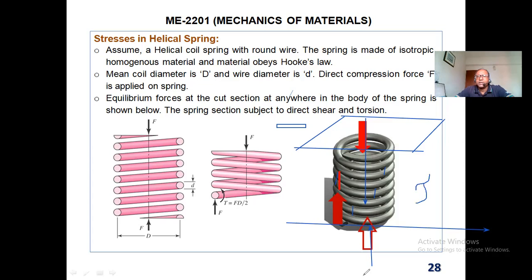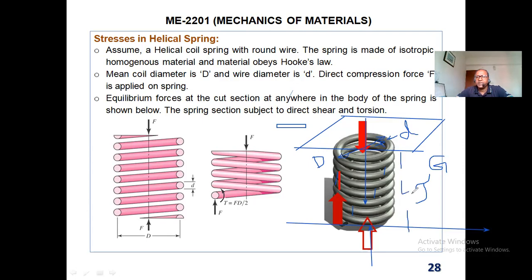And a helical spring has some parameters. Number one, the diameter of the wire, that is called small d. Then the mean diameter of the spring, like from here to here, that is big D. Then you have the length of the spring. Then you have the material property, shear modulus G of the spring. Then you have one more parameter, the free length of the spring.